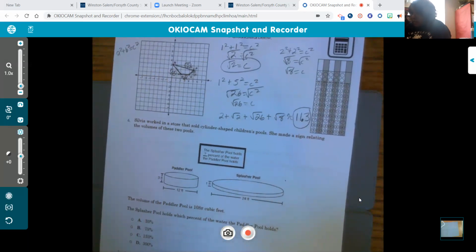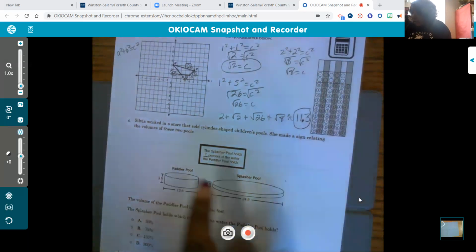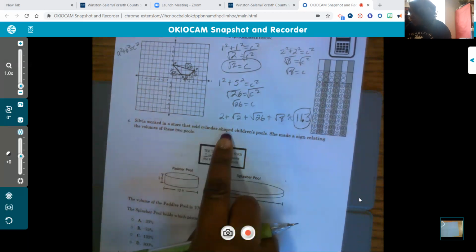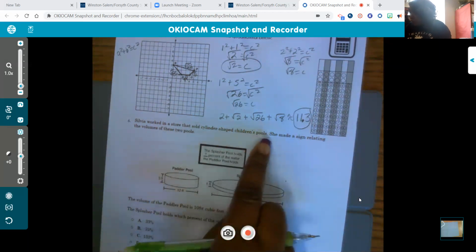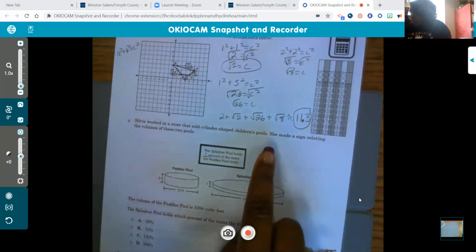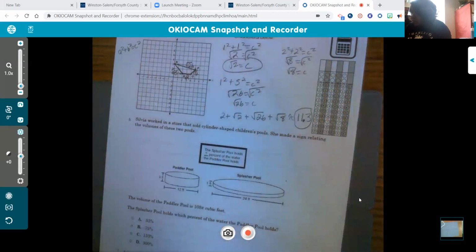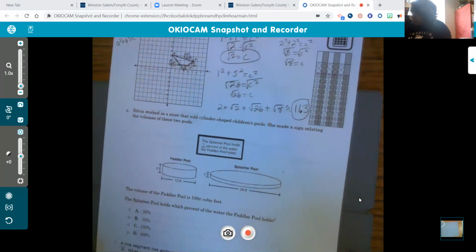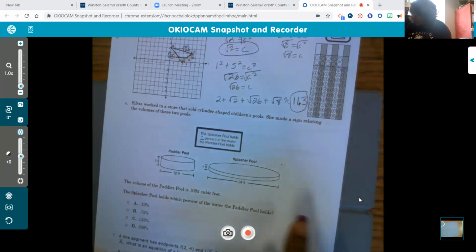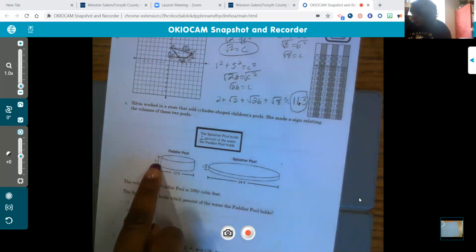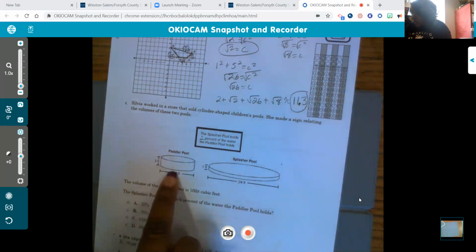All right, so we got Sylvia worked for a store that sold a cylinder-shaped children's pool. And it says she made a sign relating the volumes of these two pools. All right, so these are the two pools right here. This one's 3 feet deep and the diameter is 12 feet.